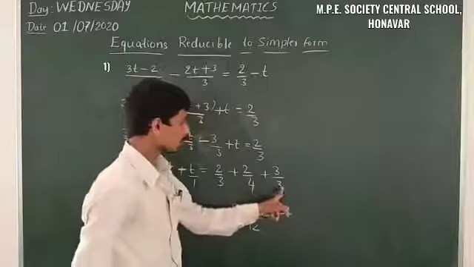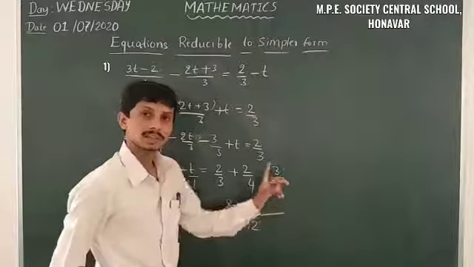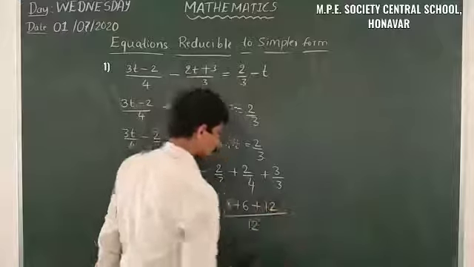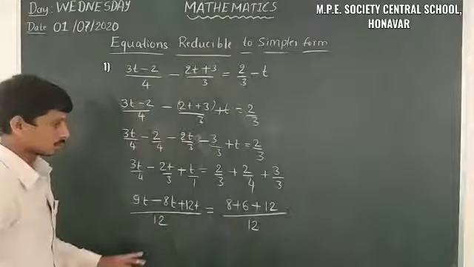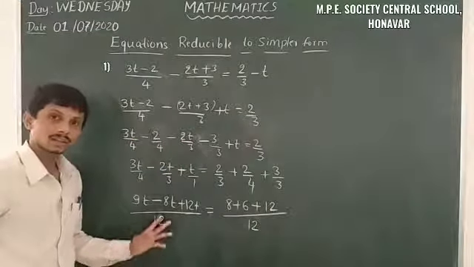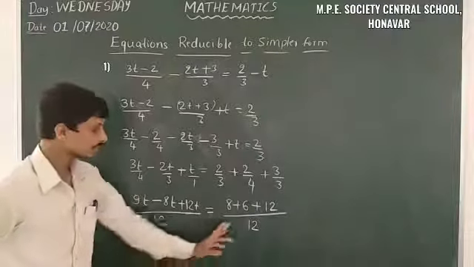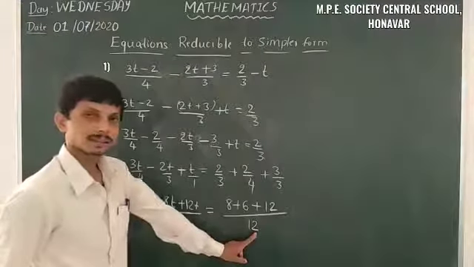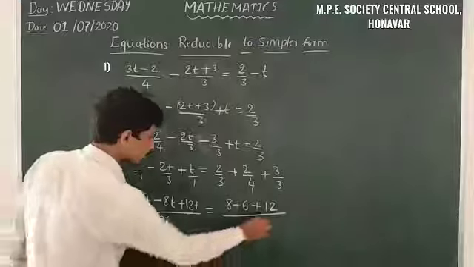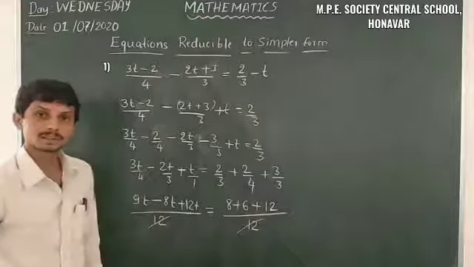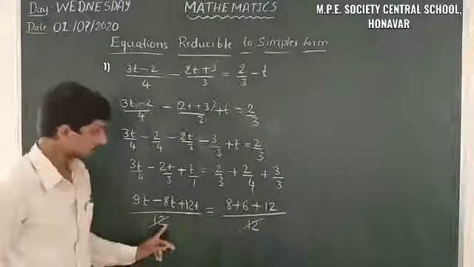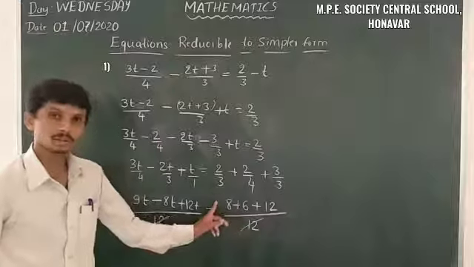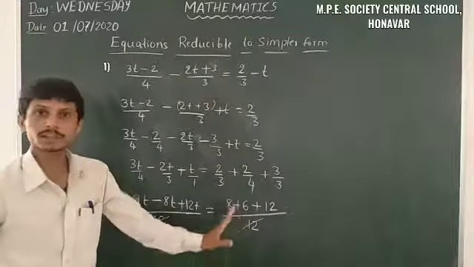Plus here we multiply with 4, here also with 4, is equal to 12. So the denominator is 12 here, and here also the denominator is 12, so I will cancel out both the denominators.